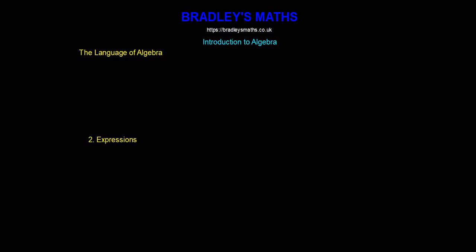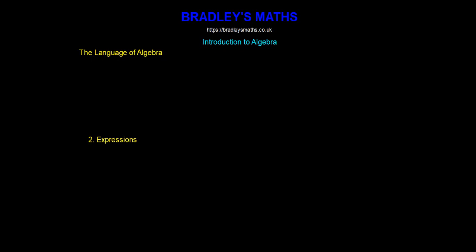Today, we are looking at the language of algebra, and we're going to start by looking at variables, asking the question, what is a variable? Variables can be anything we use to represent an unknown number in algebra. Usually, we use letters of the alphabet, common letters that we use every day.